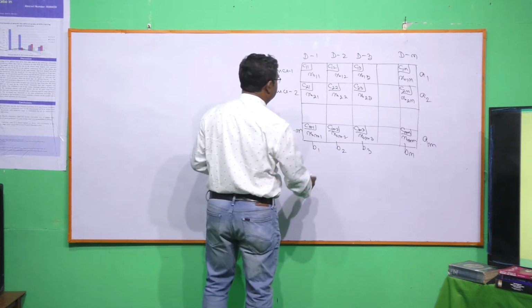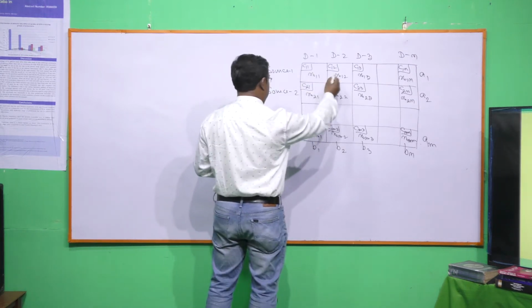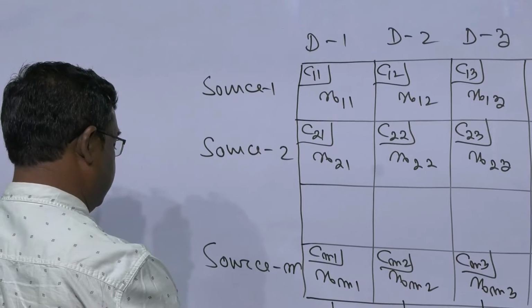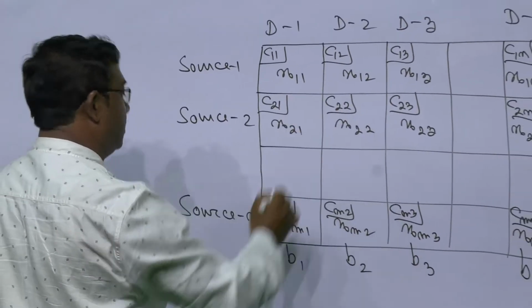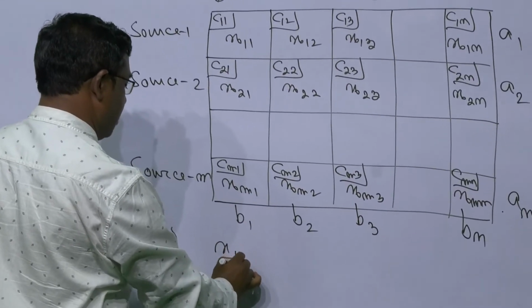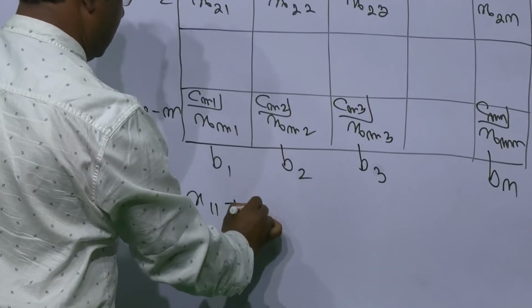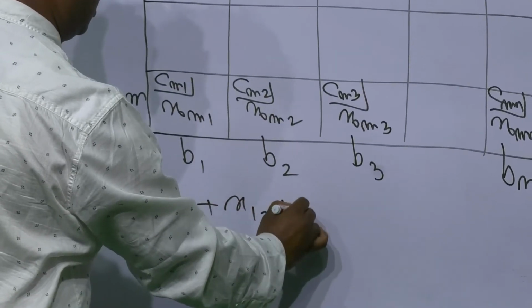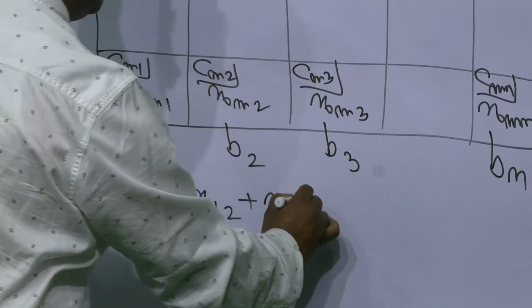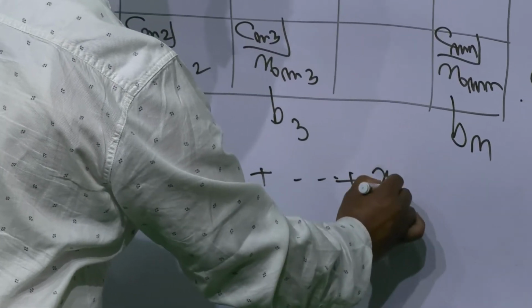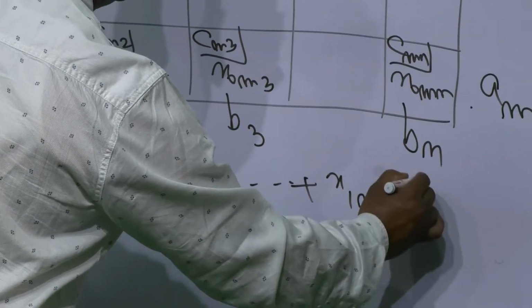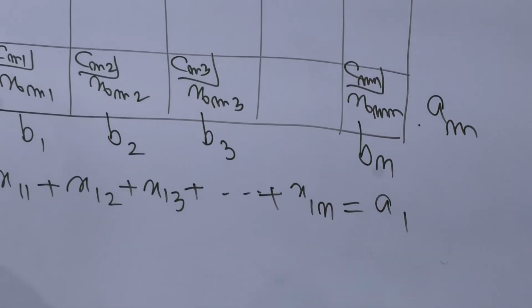Now, X11 plus X12 plus X13 plus up to X1n should be equal to A1.